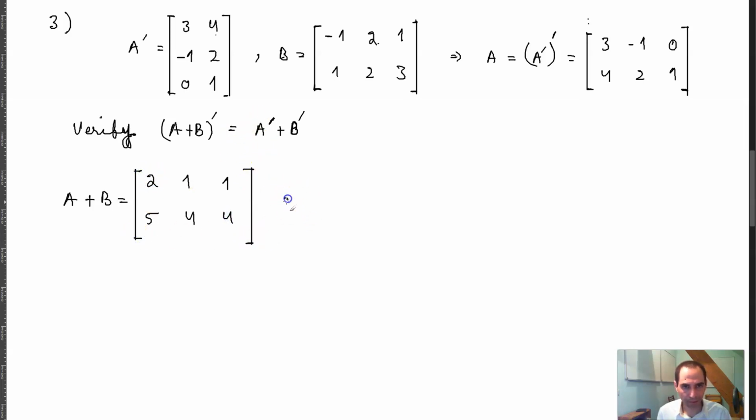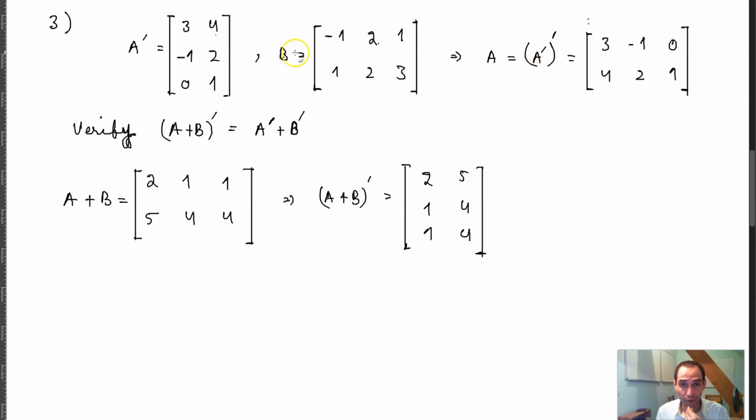And therefore A plus B whole prime is the transpose of this matrix, which becomes 2, 1, 1 as a column and 5, 4, 4 as a column. That is A plus B whole prime.